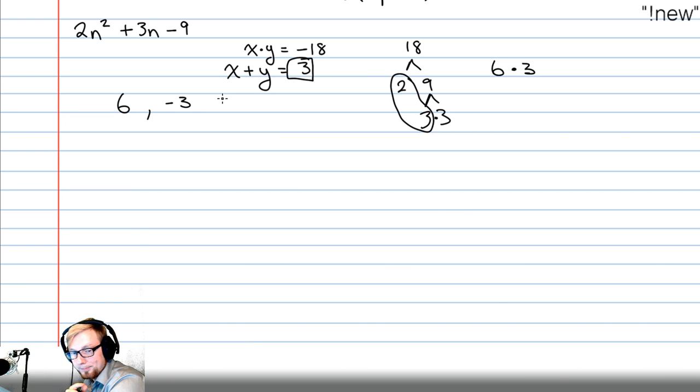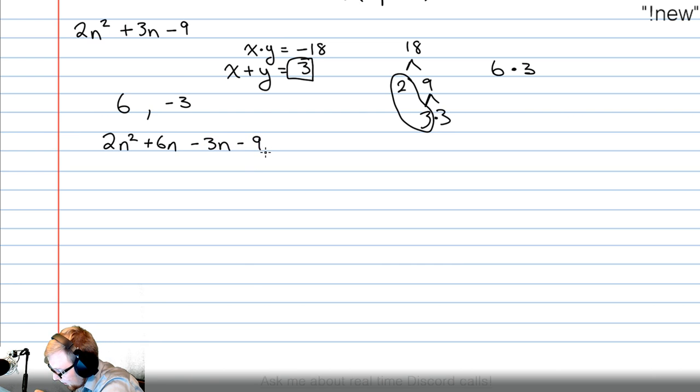Okay, Raj? So now, how do you write out your problem? 2n squared plus 6n minus 3n minus 9. Good. And then you group it.